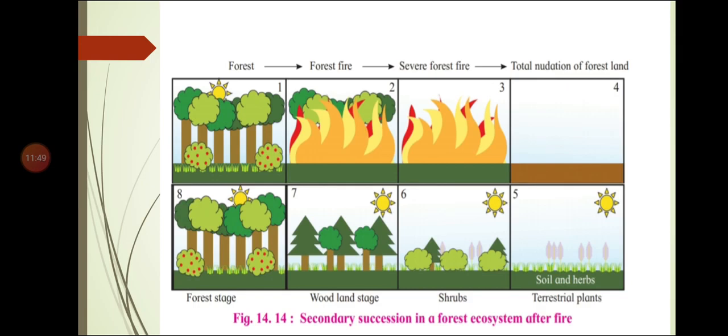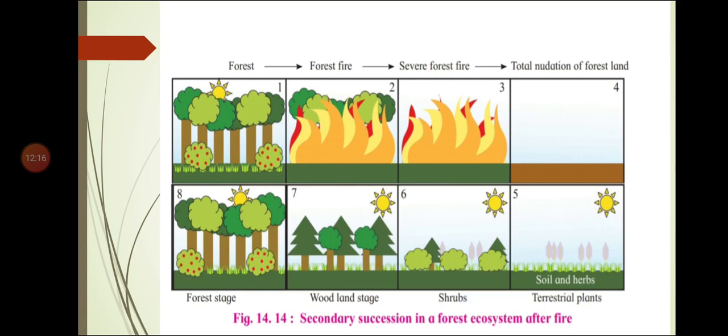Now we can say that after studying all these types of succession, primary succession, secondary succession, xerarch succession, then hydrarch succession, secondary succession in plants, in forest ecosystem, we can conclude that it is important to understand that succession, particularly primary, is a very slow process, maybe requiring thousands of years for the climax community to be reached.